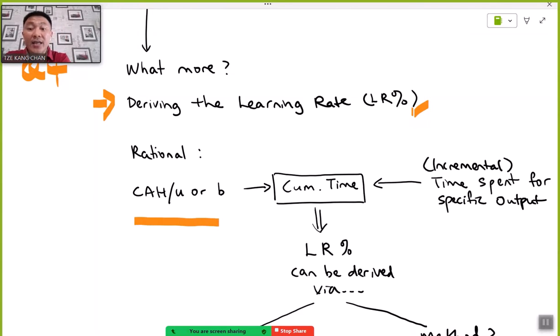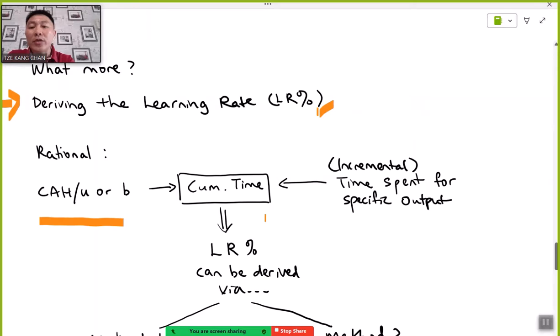As we have said earlier, based upon the cumulative average hour per unit or per batch, we will be able to derive the cumulative time as shown above, as well as the incremental time span. So do you see that, guys? The relationship of these three items is so crucial in dealing with questions on the learning curve in the exam.